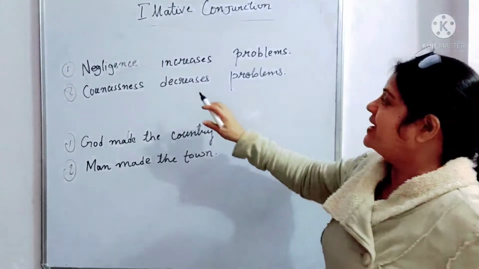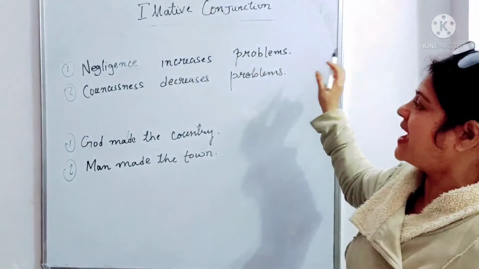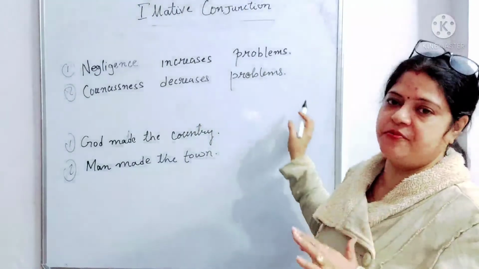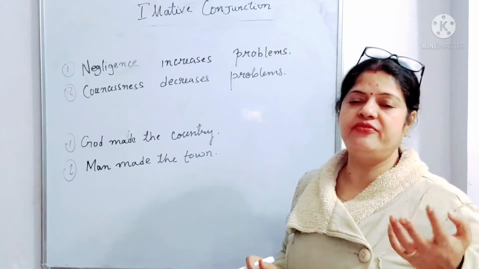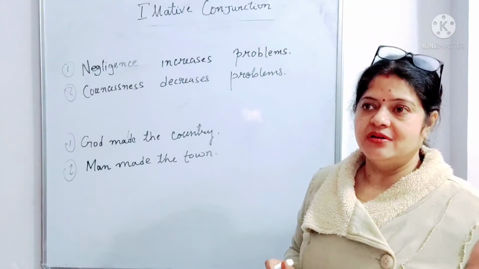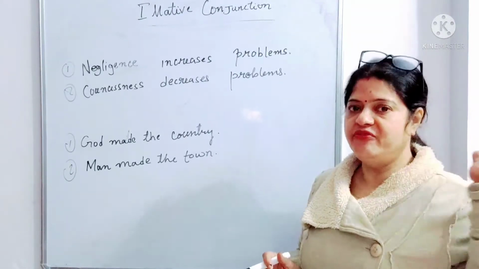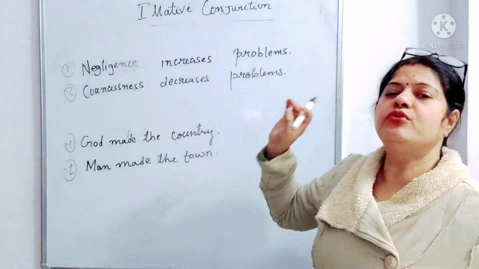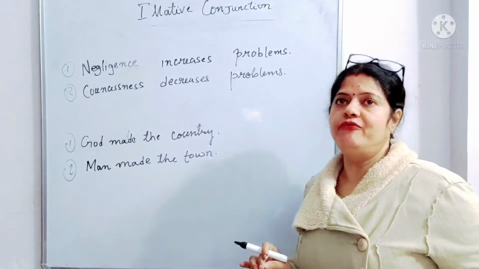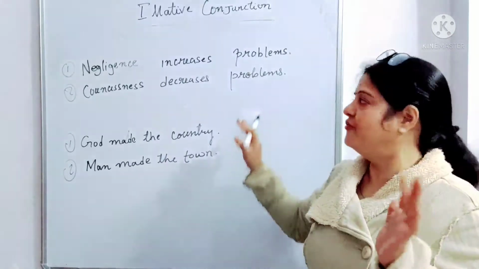If we say negligence increases problems and consciousness decreases problem, it would connect. And is a cumulative conjunction, which we have studied in the first video. But we are not going to use any kind of conjunction after it.